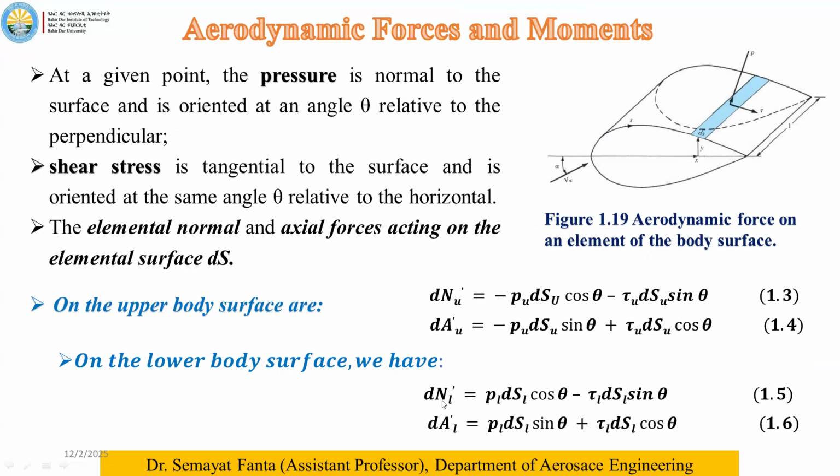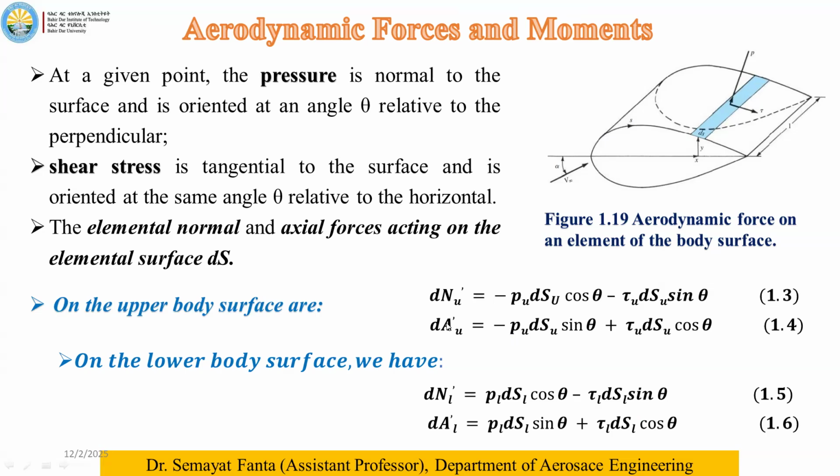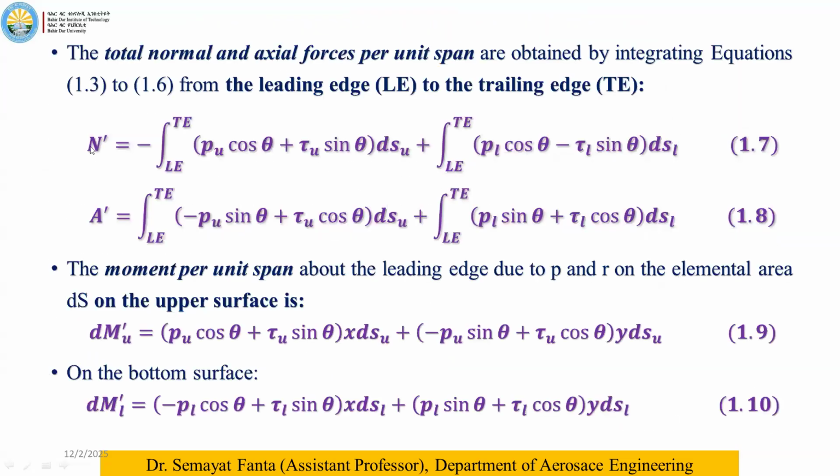A_L is axial, and N_L is the differential normal force in the lower surface, the representation for lower. So we have these four quantities, or four equations. The total normal force is the sum of the upper and the lower. The normal at the upper surface is with a full minus sign, P_U cos theta plus tau sine theta.